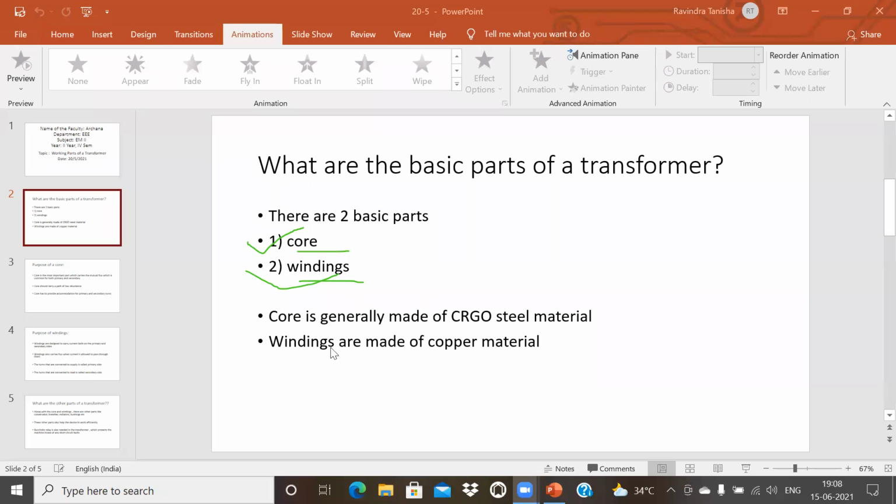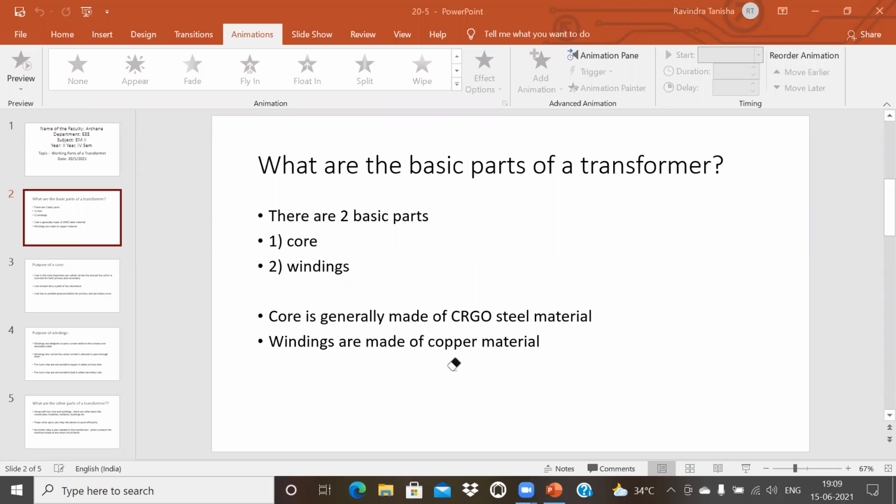Let's see the choice of material for the construction of the core part and winding part. For the core part, we mostly use CRGO steel material.